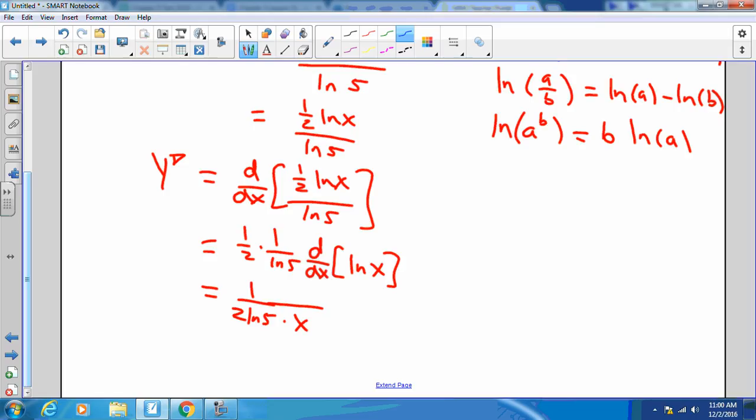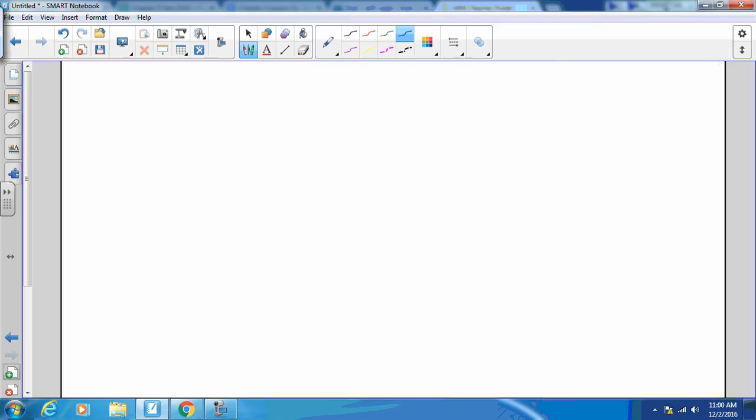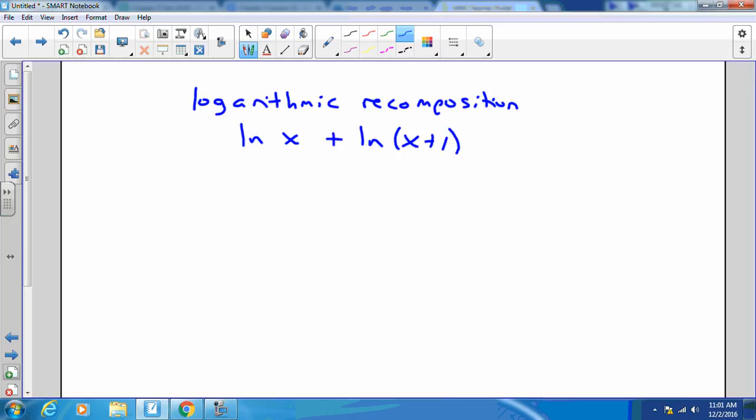Yes. So, book answers will sometimes do the opposite of this. They will do logarithmic recomposition. So, for example, if I have ln of x plus ln of x plus 1, and there's my answer, and I'm real proud of it.